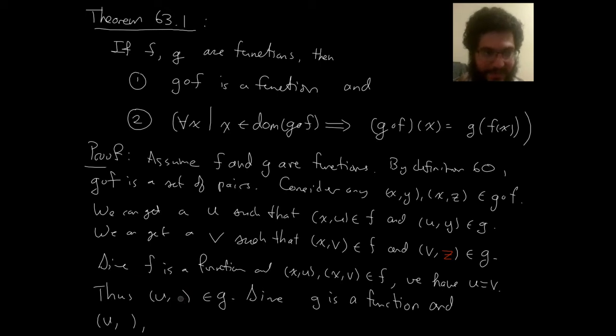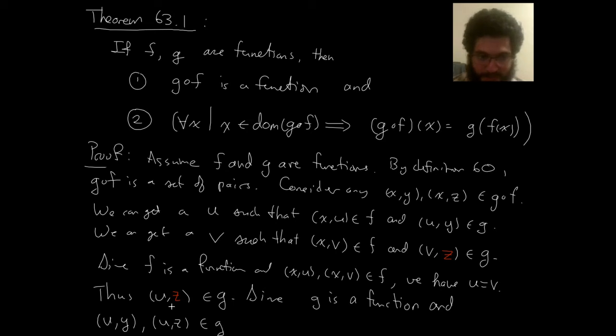This also was a z, sorry. So we have (v,z) and (u,z). We have (u,y) and (u,z) in G. Okay, so (u,y), (u,z).